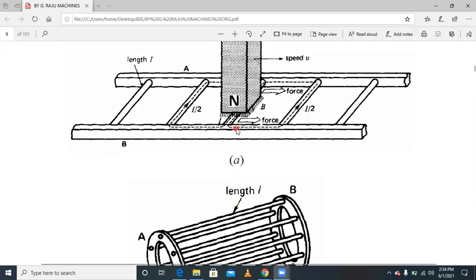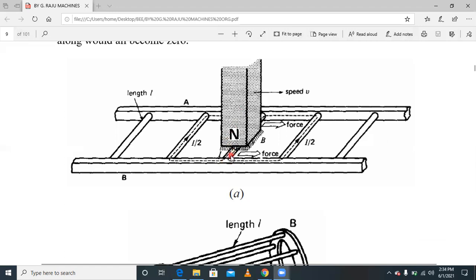Because of that, a small amount of EMF is induced in the rotor, a small current flows, and the force acting on this rotor is also less. Understood? So the force decreases. If the relative speed is more, the force acting on this rotor is more. If the relative speed between these two is less, the force acting on the conductor decreases.